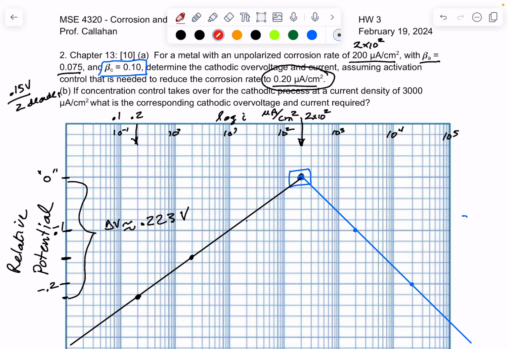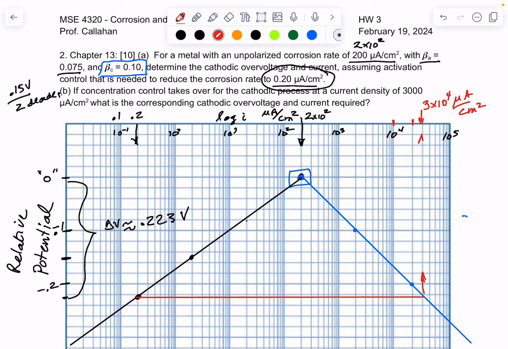All right, so let's use red to differentiate that. So the amount of current you need, you simply take the amount of polarization that you needed, and you just read over until it intersects the reduction curve, and then you read up. Okay, so when we do that, read over and up, you can see that we end up at, this is 1 times 10 to the 4, that's 2 times 10 to the 4, this will be 3 times 10 to the 4th microamps per square centimeter.